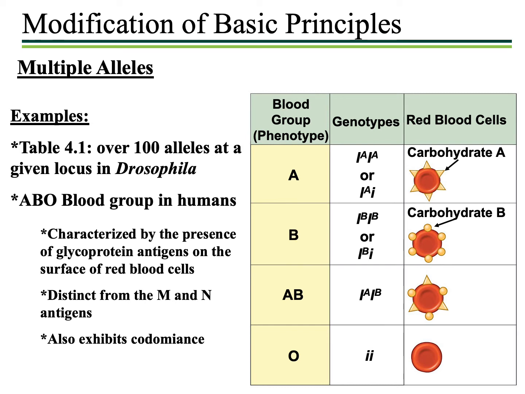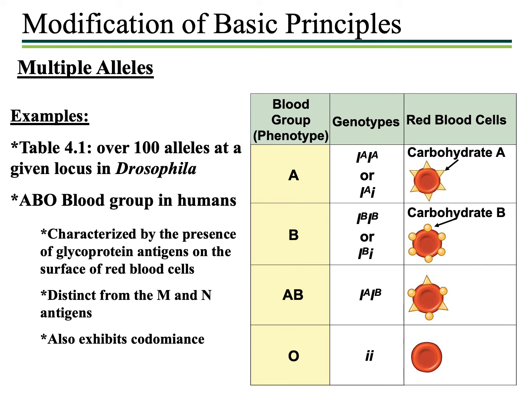Lastly, in the last row, you have individuals that are type O blood. They have the genotype homozygous O, and these individuals don't have this particular protein on the surface of their red blood cell. In this case, the O allele is a mutation that results in this protein not being produced at all.